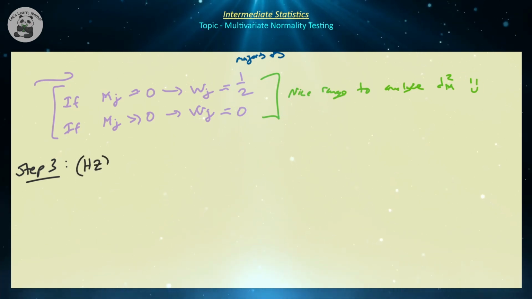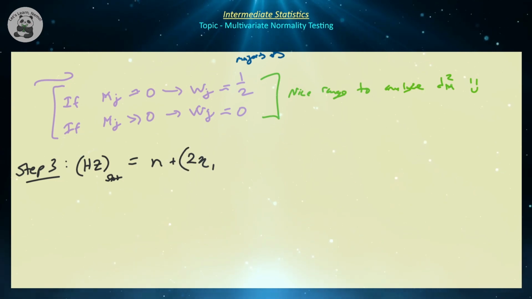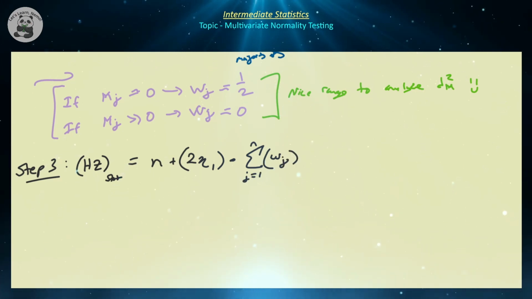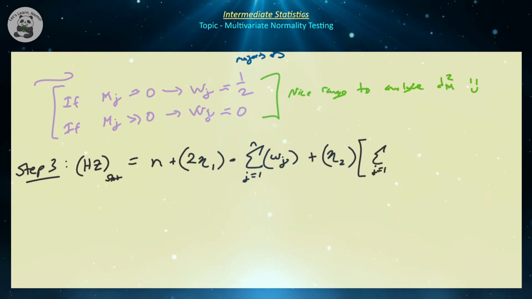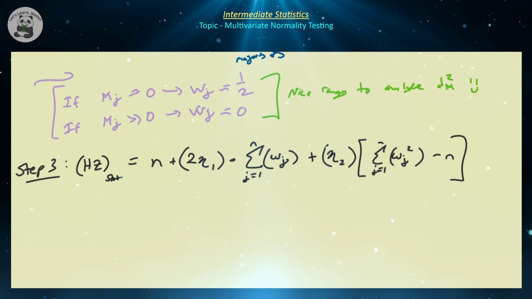The HZ test statistic is defined to be equal to n, the total number of people within your multivariate sample, plus 2 times eta 1, and I'll describe what that eta is in just a moment, times the sum from j equals 1 to n of your weighted Mahalanobis distance, plus eta 2, another constant, times the sum from j equals 1 to n of our squared weighted Mahalanobis distance, minus n. Right? So this is our HZ test statistic, and you might be wondering, what are this eta 1 and eta 2?